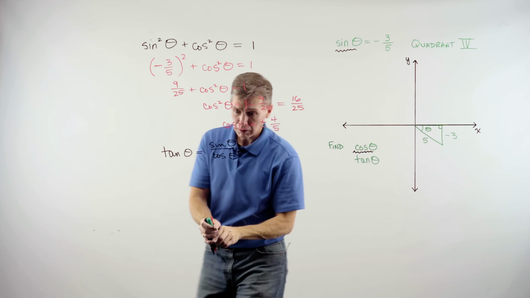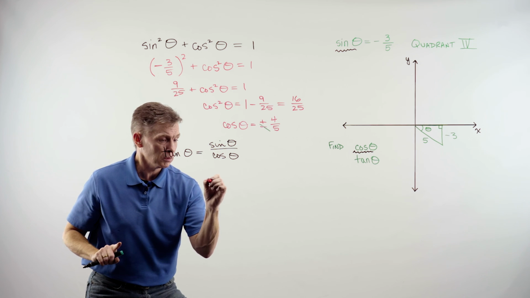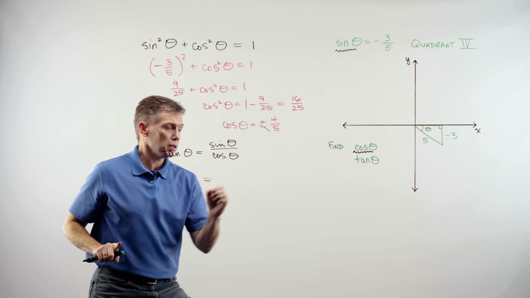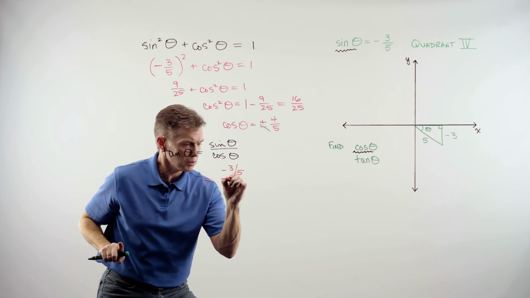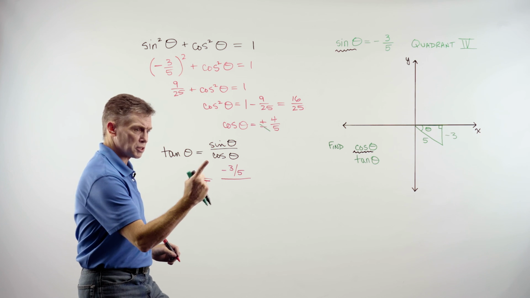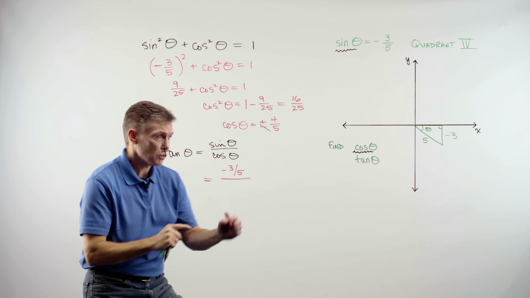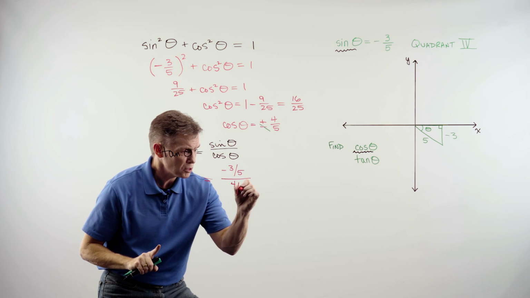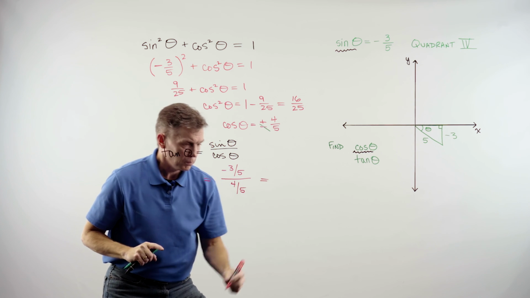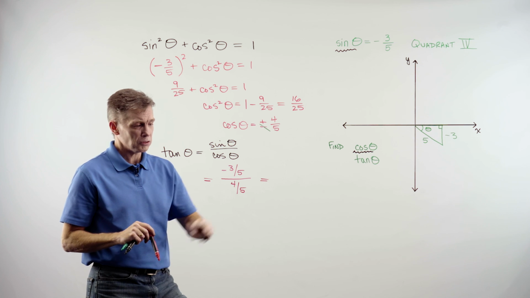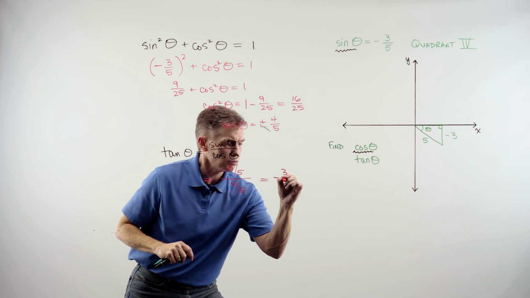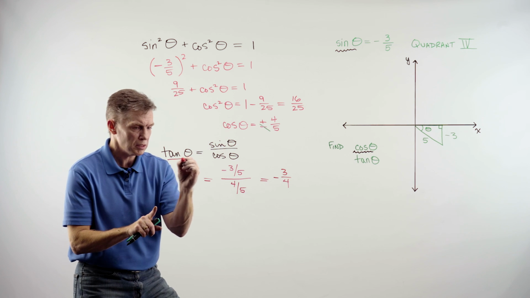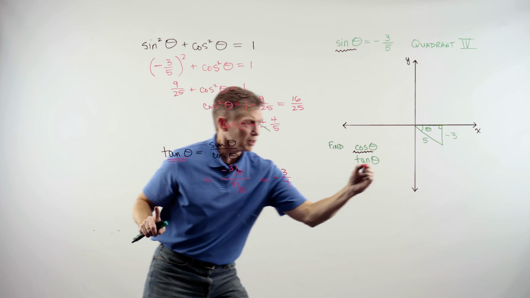So this will equal negative 3/5 divided by 4/5. We would always want to simplify, so I would flip and multiply and get negative 3/4 for my tangent of theta that they asked for.